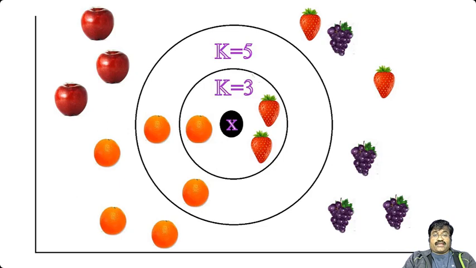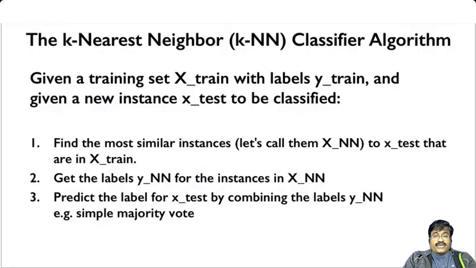The K in KNN refers to the number of nearest neighbors the classifier will retrieve and use in order to make its prediction. In particular, the KNN algorithm has 3 steps that can be specified. First of all, when given a new previously unseen instance of something to classify, the KNN classifier will look into its set of memorized training examples to find the K examples that have the closest features, and we will talk about the closest features.